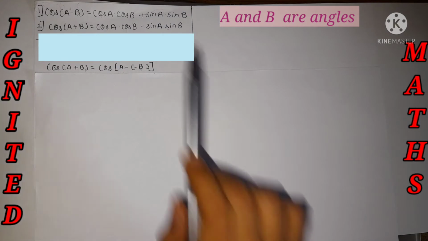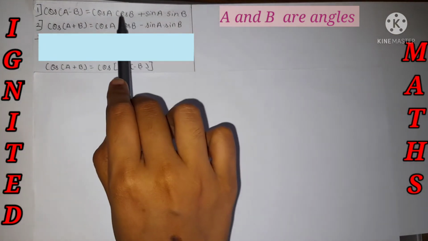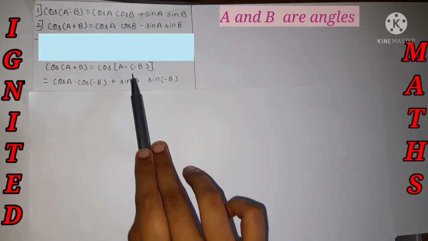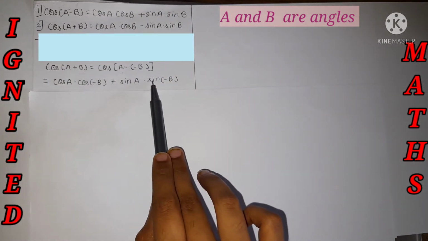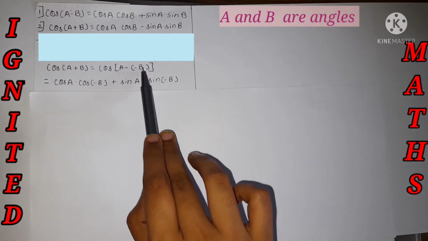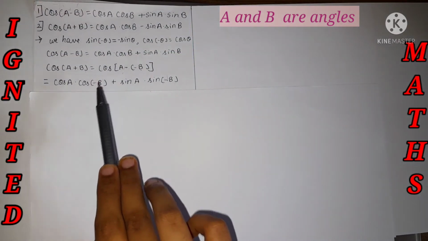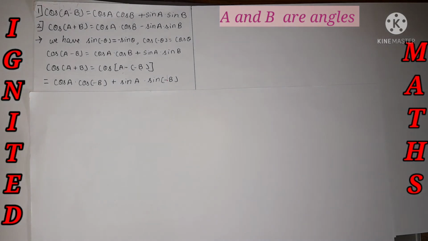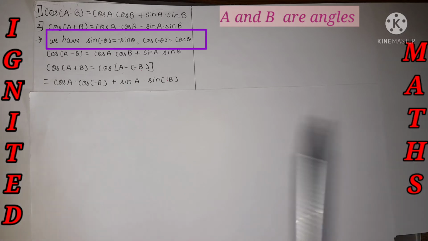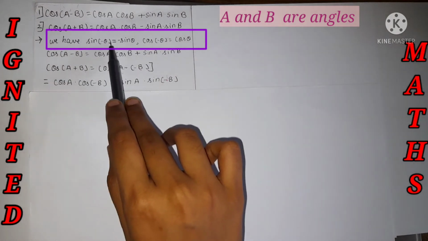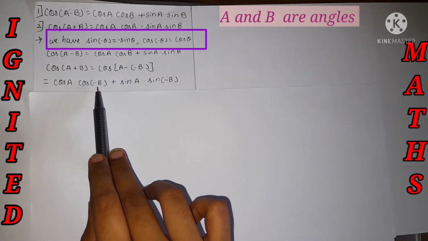It's nothing but cos A into cos of minus B, plus sine of A into sine of minus B, since here the term contains a minus. But cos of minus B is just like cos of minus theta. Theta is an angle, but here B is the angle.